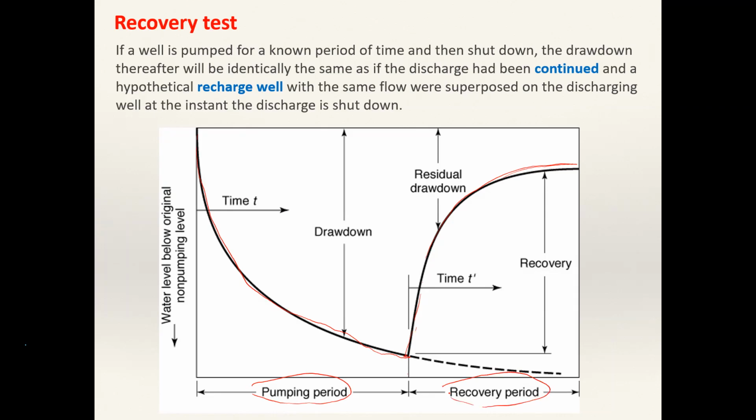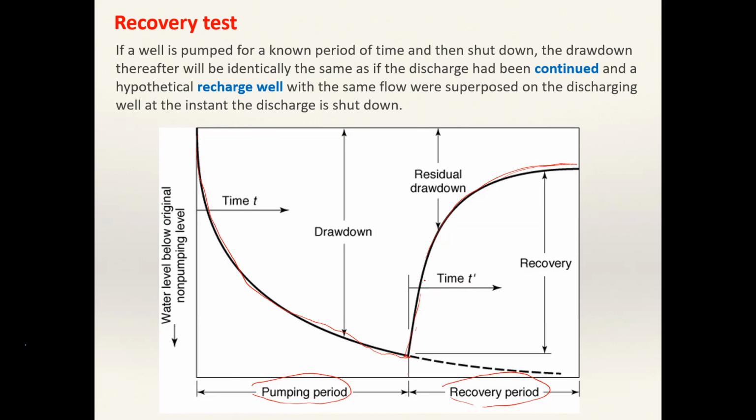Right? So there is a theory behind it. We depend on the principle of superposition. You can check what it is exactly on the internet. Principle of superposition. All right? So that we use to simulate this effect of drawdown change during the recovery period.